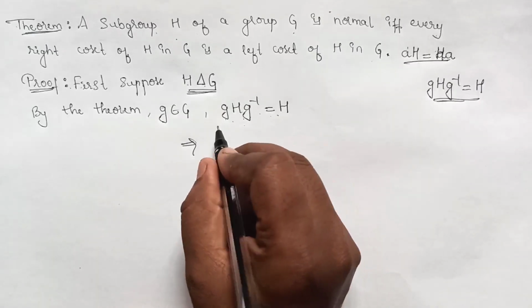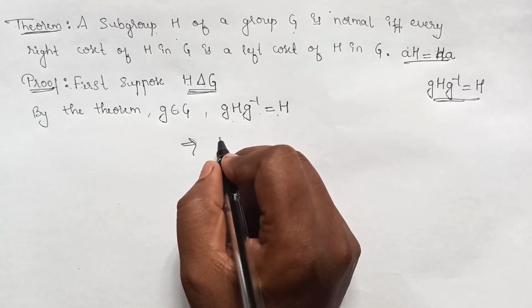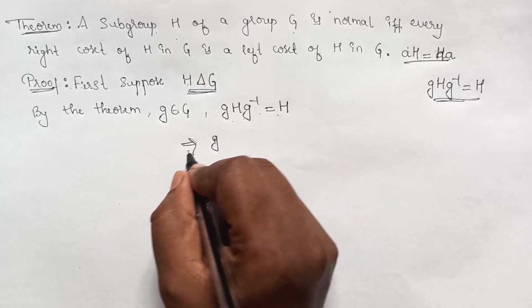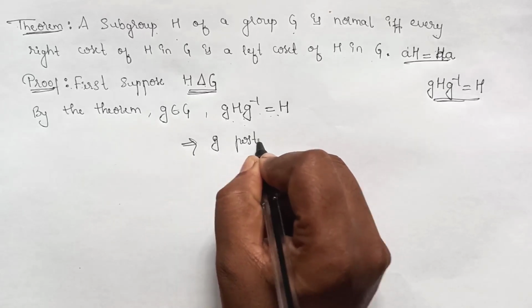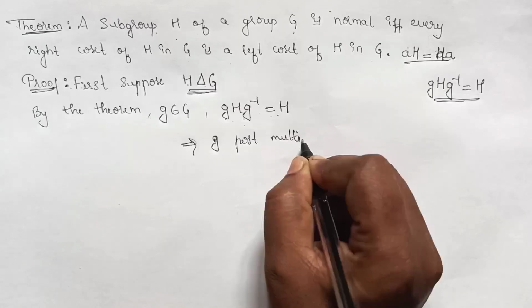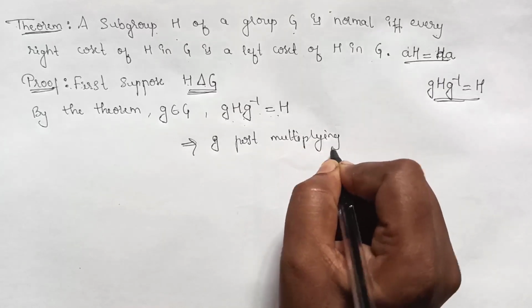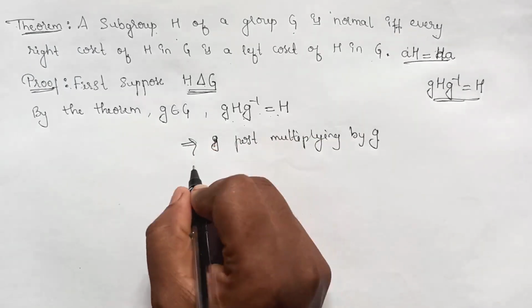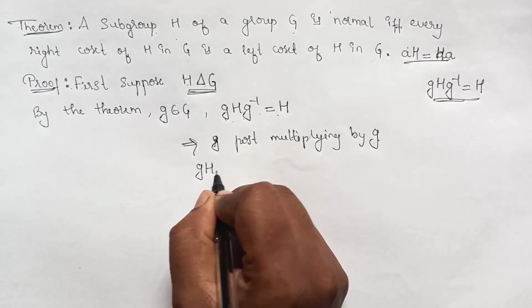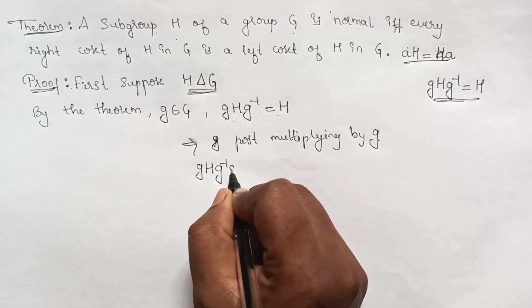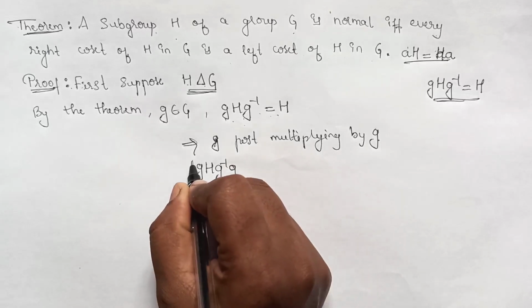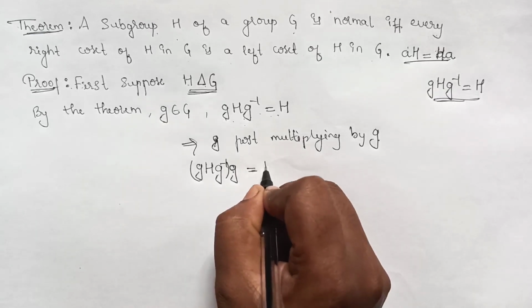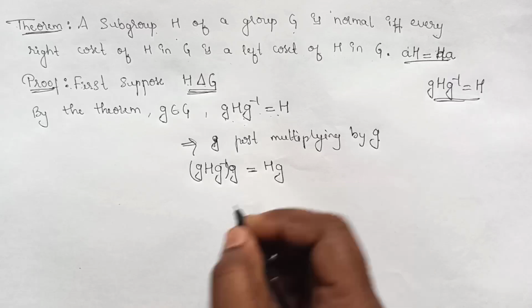So here I will operate, that is, post multiplying both sides by g, we get, keeping g as it is and g inverse as it is, multiplying with g, which equals H into g.